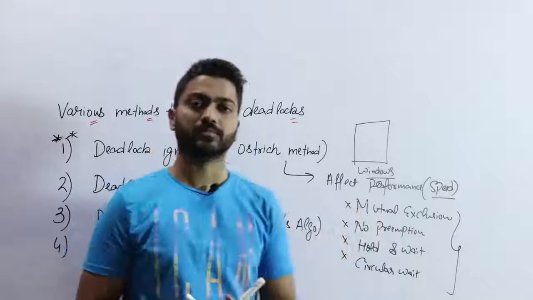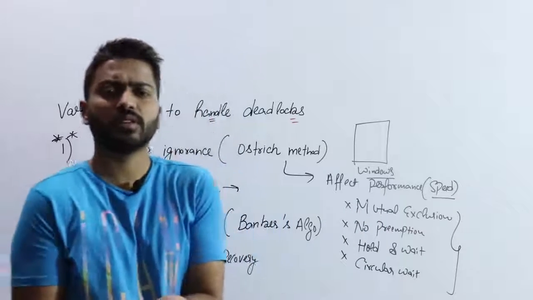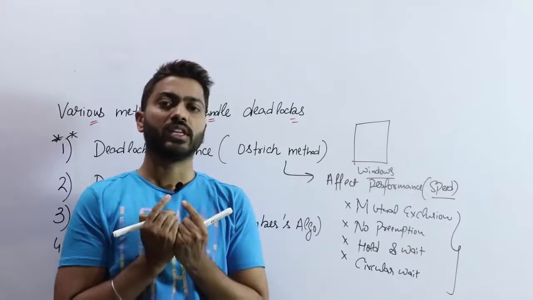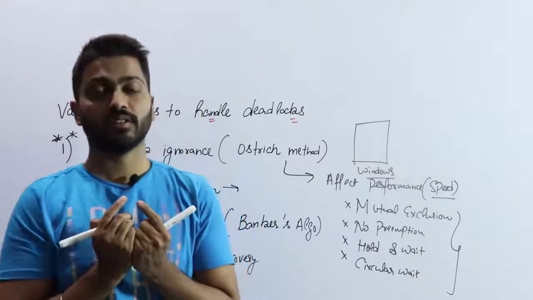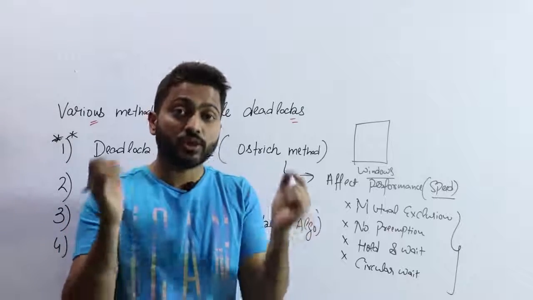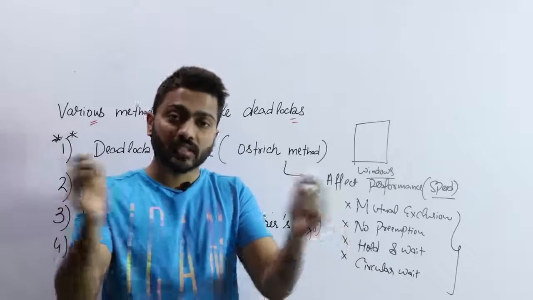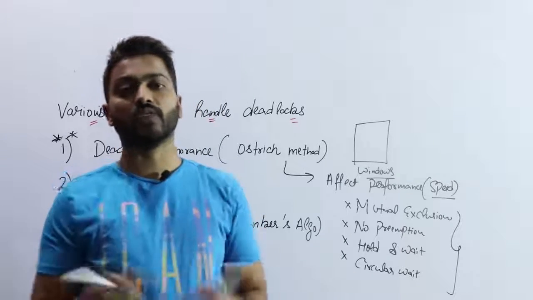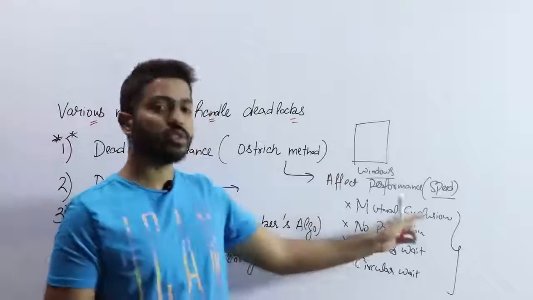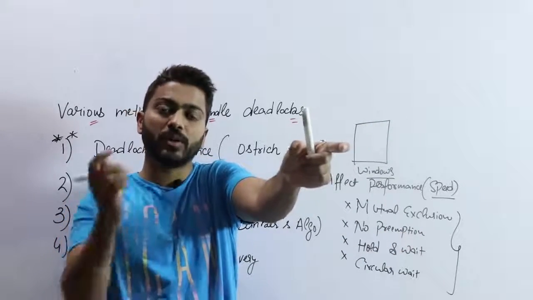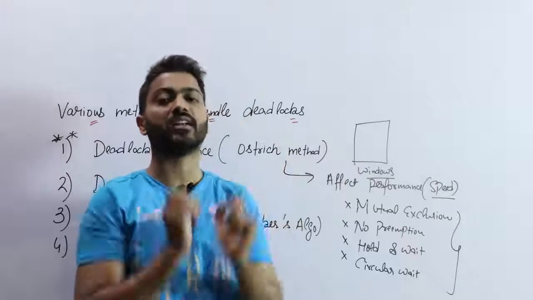Like mutual exclusion. What is mutual exclusion? The simple idea is that whatever resources we are using should be non-shareable, meaning they should not be used at the same time by multiple processes. Every resource will be used by one process at a time.